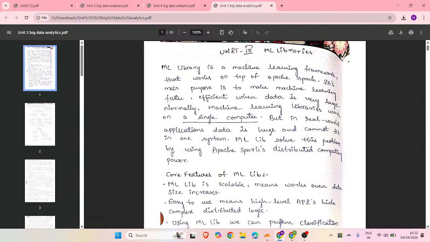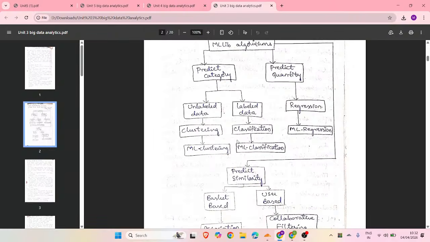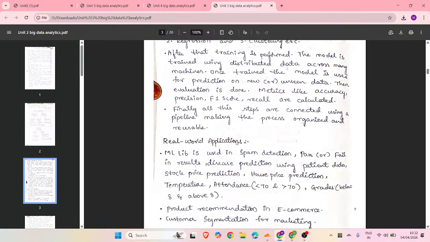So shall we start the live session for Unit 3? I think this particular topic, ML libraries, we have completed for mid one. So I think we can skip this topic, MLlib.